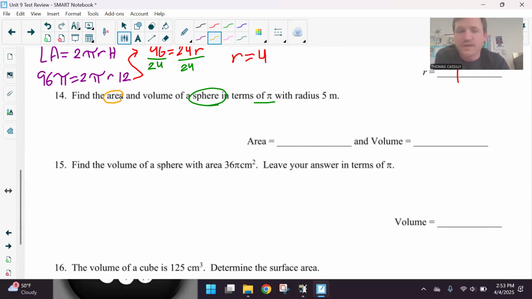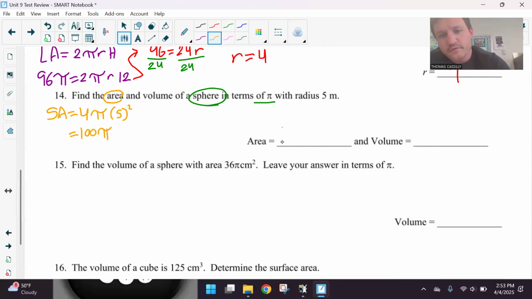Sorry about that, but I do mean the surface area. So I know the surface area of a sphere is 4 times pi times the radius squared. So that's just 5 squared. You can think of the surface area of a sphere as just 4 areas of a circle. 5 squared is 25 times 4 gives you 100 pi.